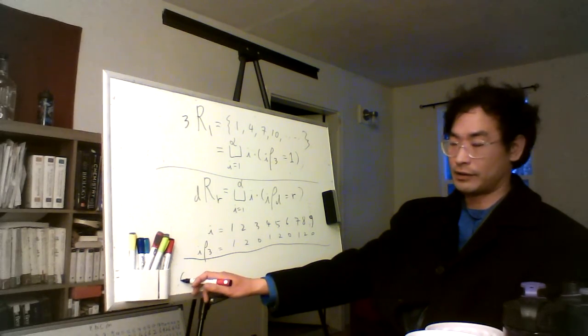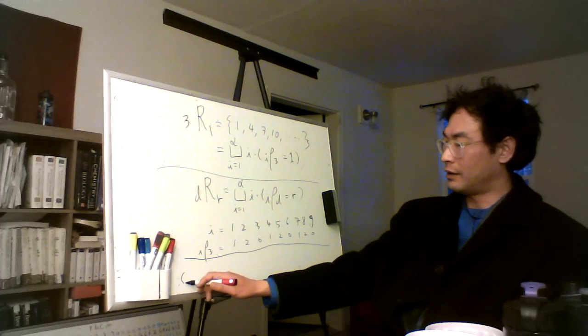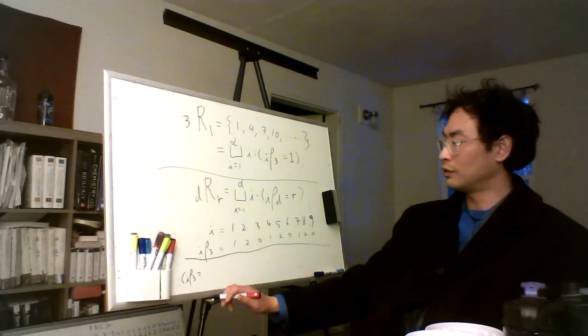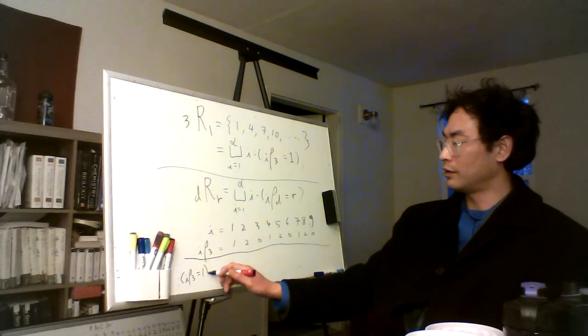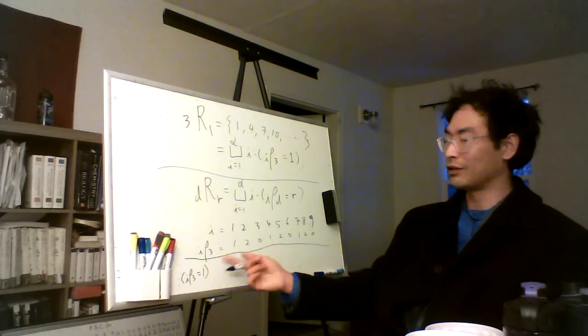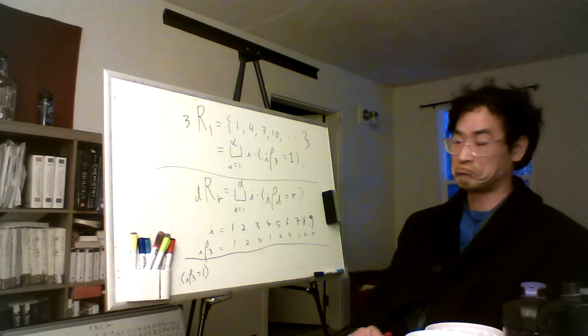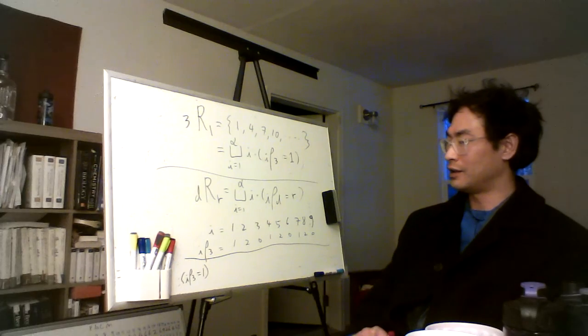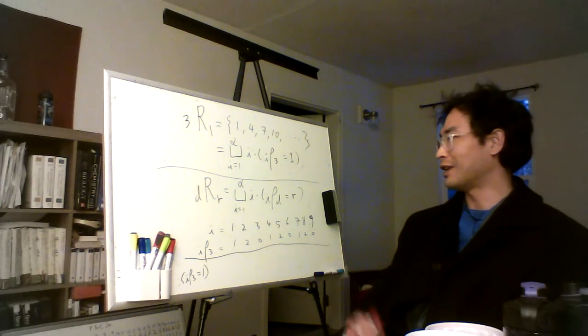Boolean expression: i rho 3, is it equal to 1? You can use this Kronecker delta, if this Boolean expression is true, then it gives 1.